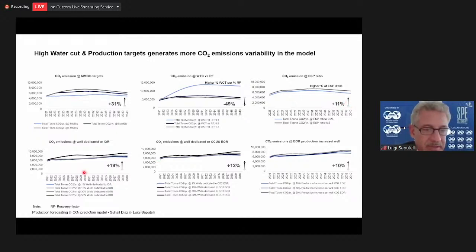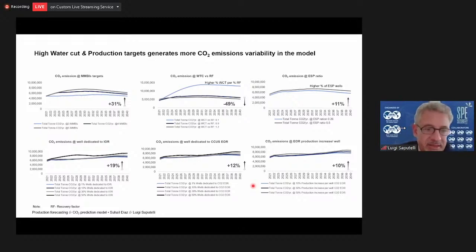Then the CO2 emissions of wells dedicated to IOR. So the more IOR you do, all the way to 50, you also contribute. In this case, the IOR is related to the chemical EOR instead of CCUS EOR. And so forth. There are a number of sensitivities that we did in this area to see the overall picture at the life of the field. Okay.